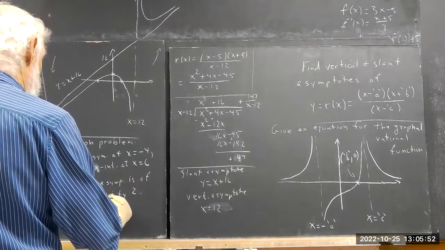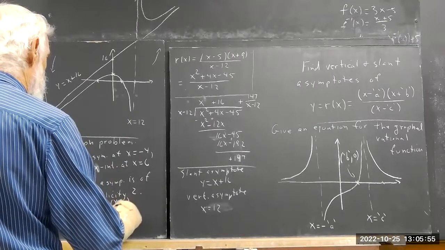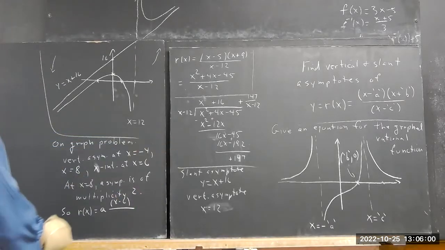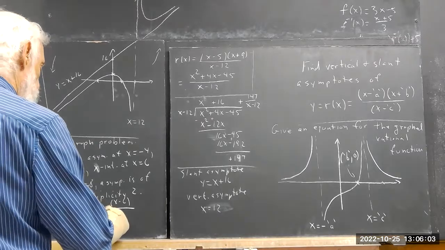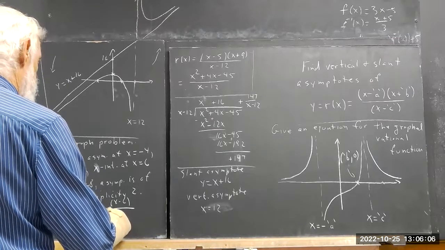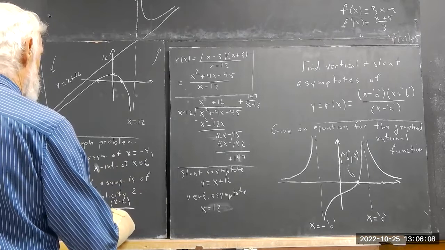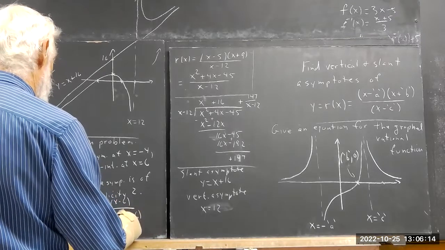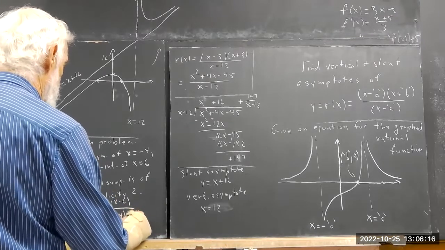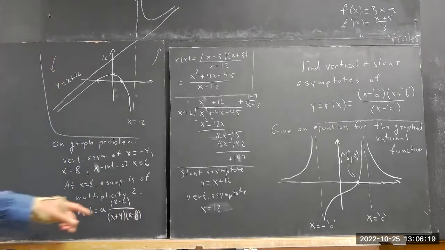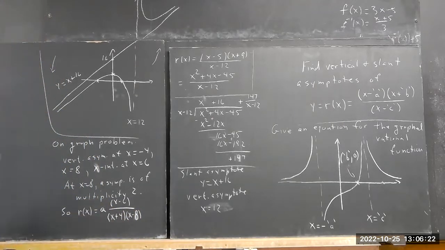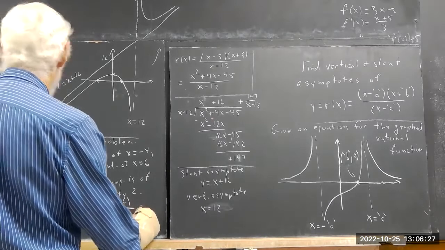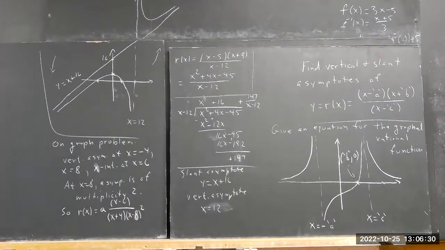So now we're going to have x minus 6 in the numerator. That's going to give us our one and only x-intercept. And the asymptotes are at x equals -4, which we're going to have x plus 4 down here. And at x equals 8, sorry. We've got x minus 8. At x equals 8, the asymptote is a multiplicity 2. So this is going to have to be squared.